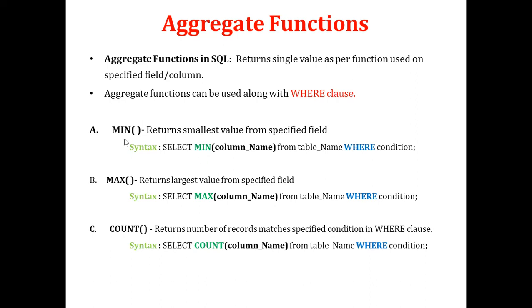Select MIN, the keyword for the minimum function. Then mention the column name from which you want a minimum value, followed by the table name. Only that much, and you can apply the min function on a whole table. Or if you want the minimum value under a specific condition, then put down the where clause. So write the keyword where, followed by the condition.